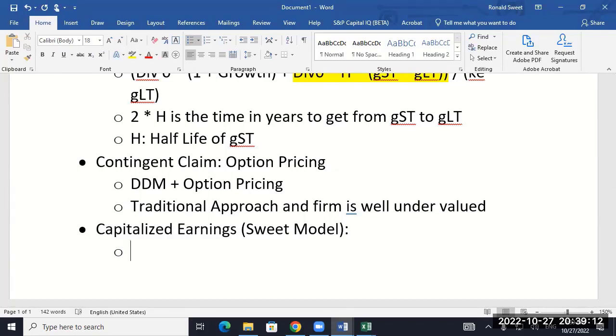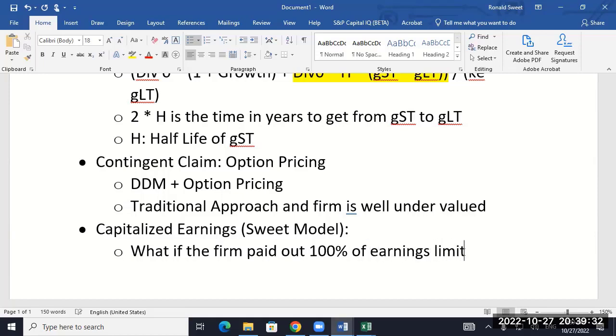You don't have to explain the dividend discount model. You may have to explain the H model a little bit, but this one you'd have to explain because you're using a model no one else is going to understand. So essentially my assumption here is, what if the firm paid out 100% of earnings, limiting growth.